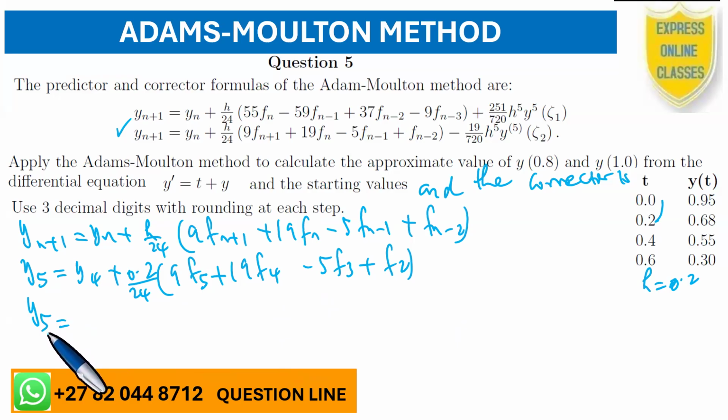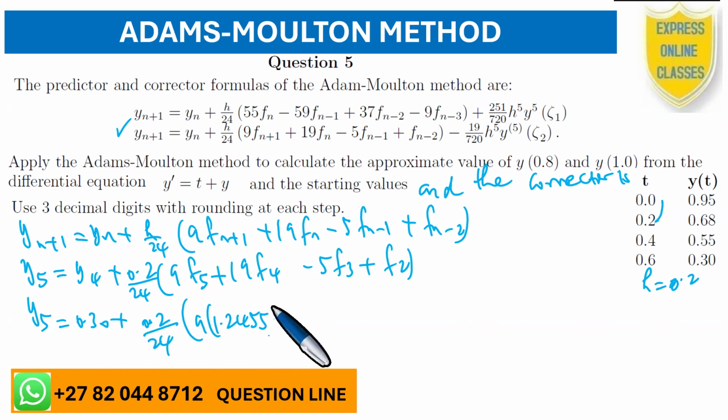What is Y4? Y4 is exactly 0.3 plus 0.2 divided by 24 times F5, which we've already got: 1.2455. F4, according to the table we drew earlier, is 0.9.